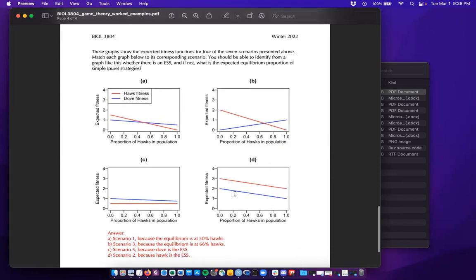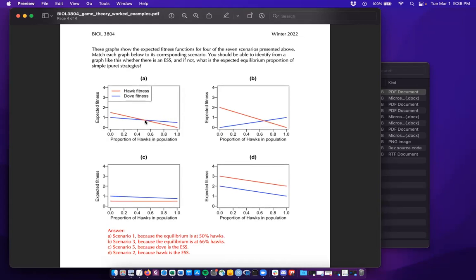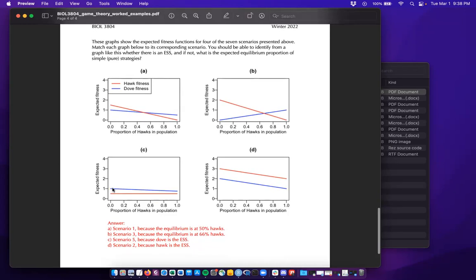Okay, so these are just a graphical representation of those equations. Red is the average fitness of hawks and blue is the average fitness of doves, and if they cross, that's an equilibrium. If they don't cross, let's look at C. In C, the dove fitness is always higher than hawk fitness.